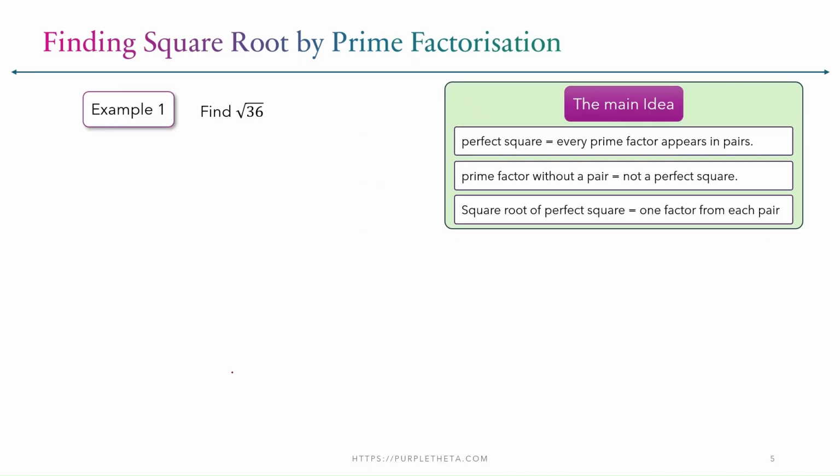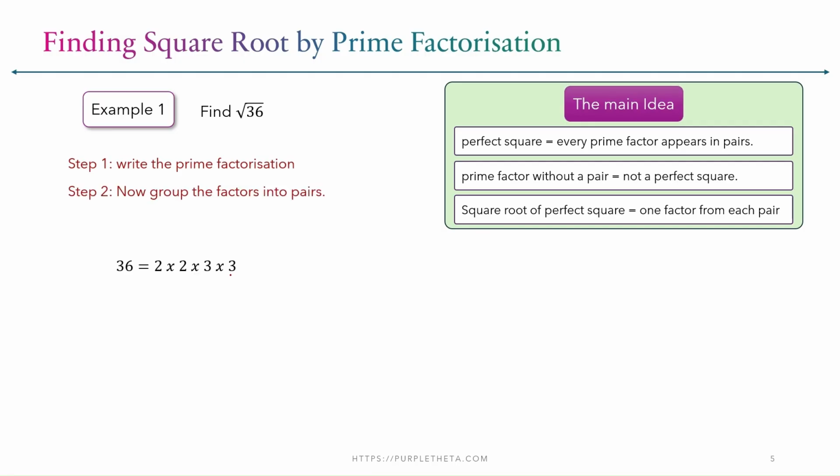So in this example, let us find the square root of 36. First, write the prime factorization. So the prime factorization of 36 is 2 multiplied by 2 multiplied by 3 multiplied by 3, right? Now group these factors into pairs. So here for 36, I have written similar prime numbers in one bracket, that is 2 multiplied by 2, and 3 multiplied by 3 in a different bracket, right? So here 2 has one pair and 3 also has one pair, right?